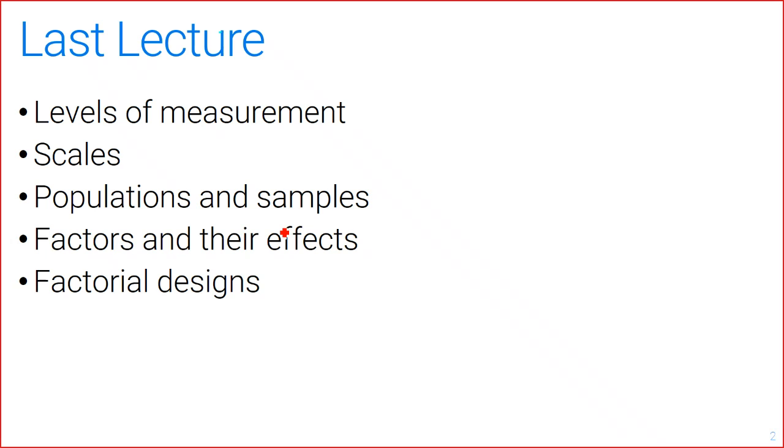So what is the problem with the random error? We talked about factors and how they can affect the dependent variables in different ways, and we talked about factorial designs. Today we're going to focus more on what happens with the random error. How can we account for the random error when drawing conclusions from our study?